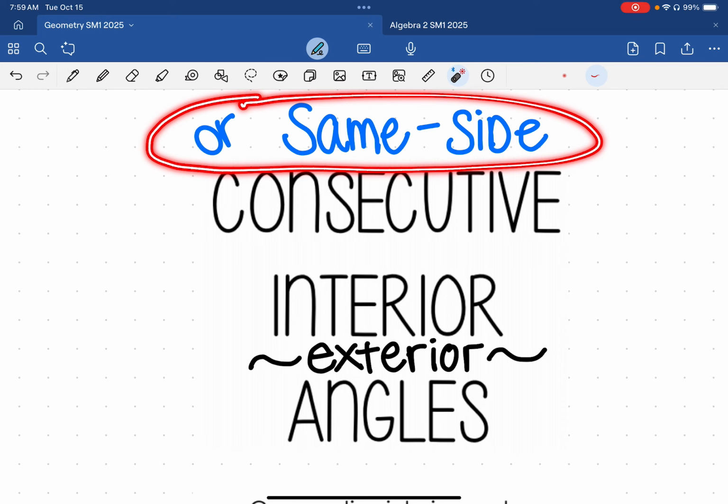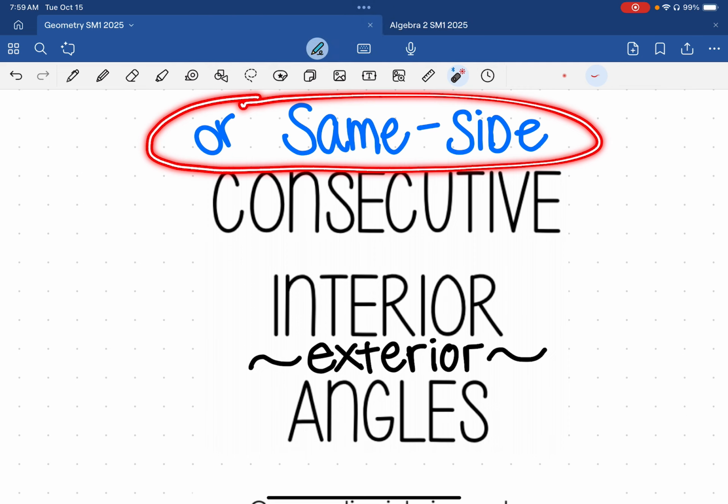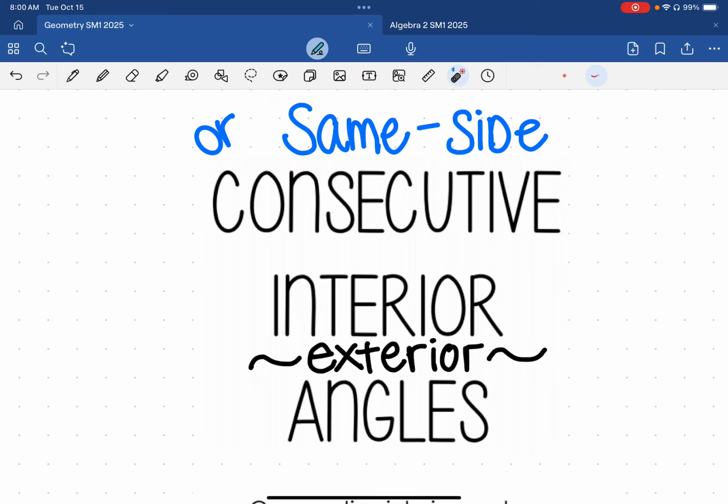I'm not sure what Delta Math is going to call them, so I want to make sure that you do know what Delta Math is talking about. So please add that to the top. And then of course, they're not just interior like the foldable talks about, they are also exterior as well. So if you could please go ahead and add that as well.